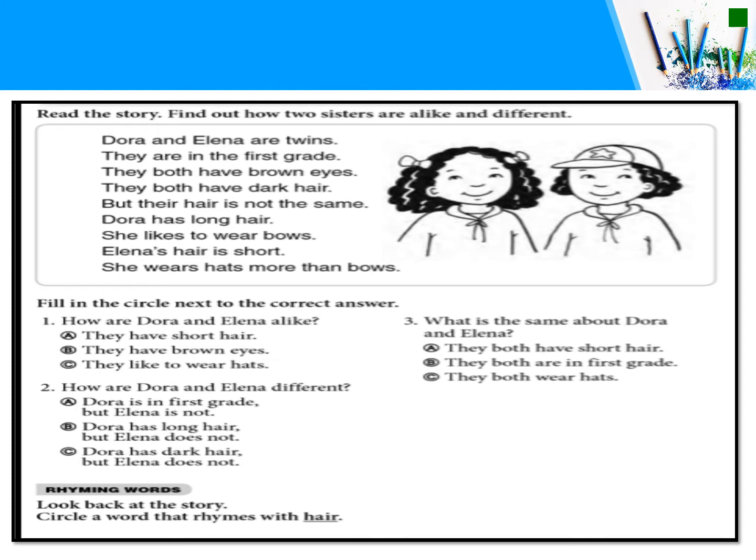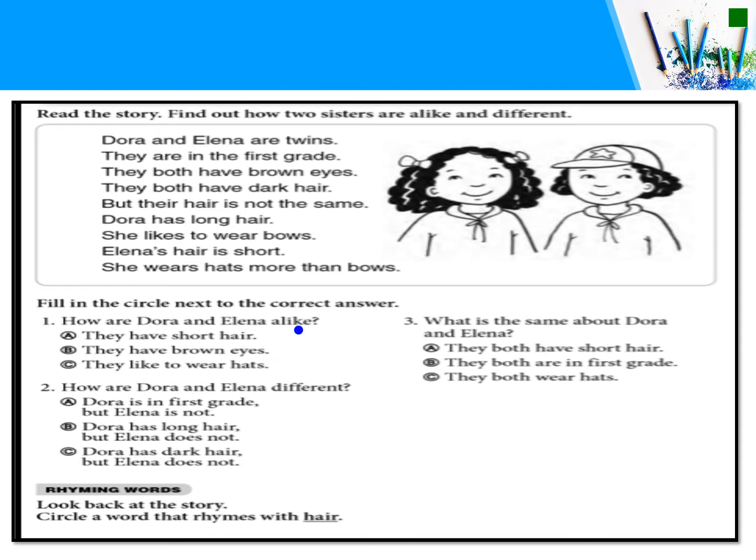Let's read the questions and underline the correct answer. Question number 1. Fill in the circle next to the correct answer. How are Dora and Elena alike?